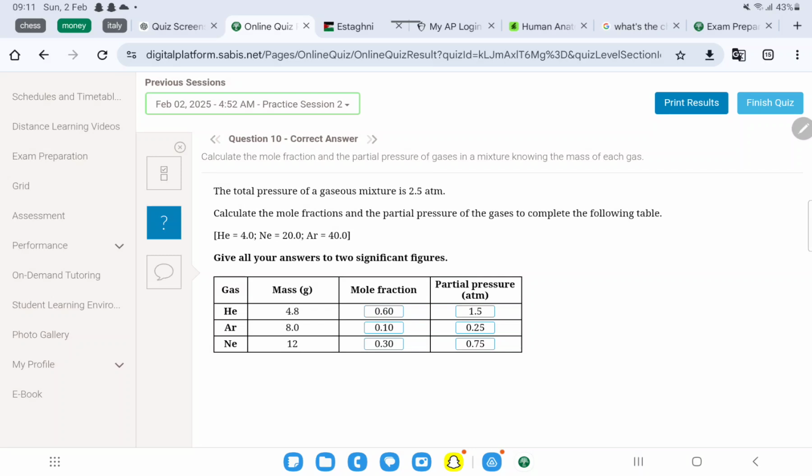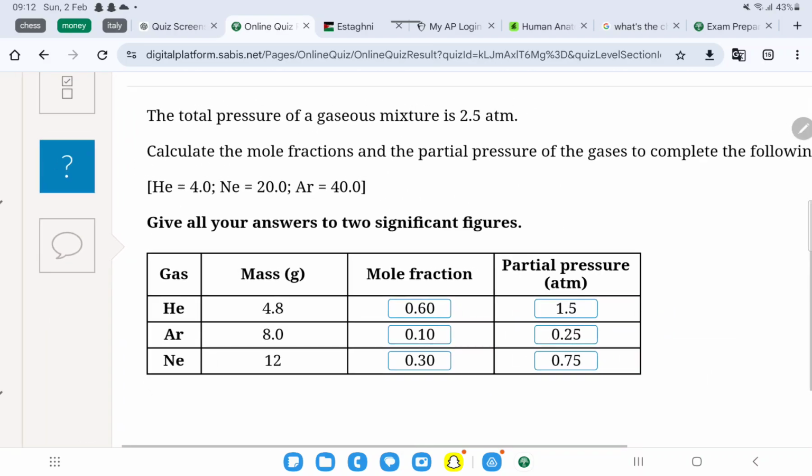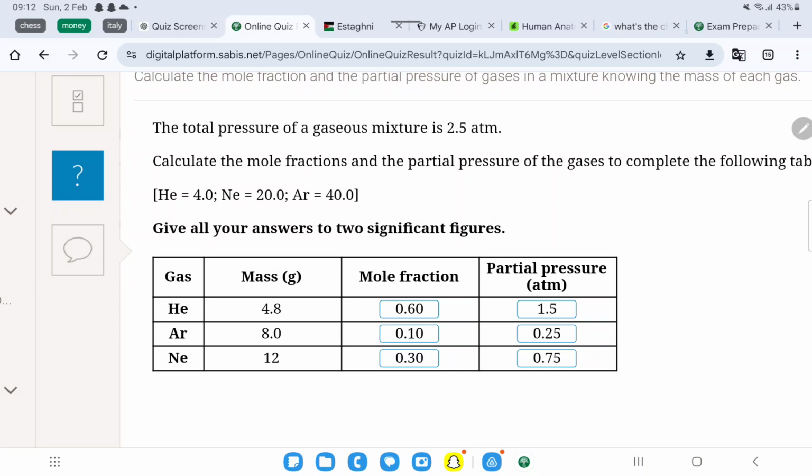The total pressure of a gaseous mixture is 2.5 atm. Calculate the mole fractions and the partial pressure of the gases to complete the following table. So now they give us the total pressure and the mass. So we first find the moles. They gave us the mass. For helium, 4.8 over 4.